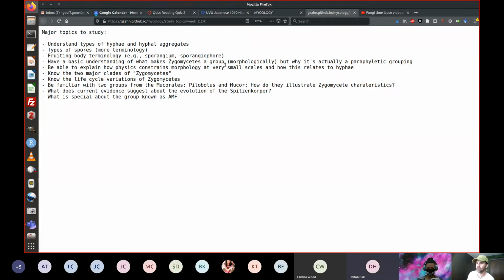Yeah, I explained how physics constrains morphology on very small scales. Okay. I had one slide on that was pointing at surface to volume ratios, right? And efficiency, if you remember. Oh, is that talking about how they spread out in a circle because it's the most efficient way to absorb nutrients?